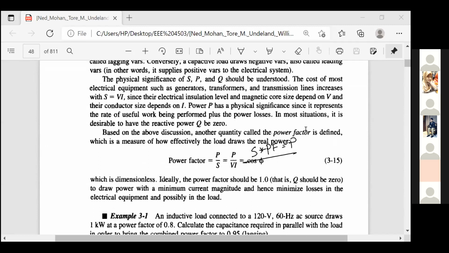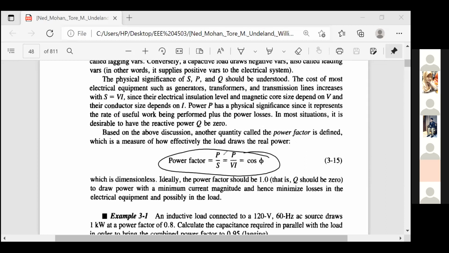We have to remember this. So the power factor is P by VS IS, then P by V1 is equal to cosine. Yes, sir. Our real power is VS into 0.9 IS.